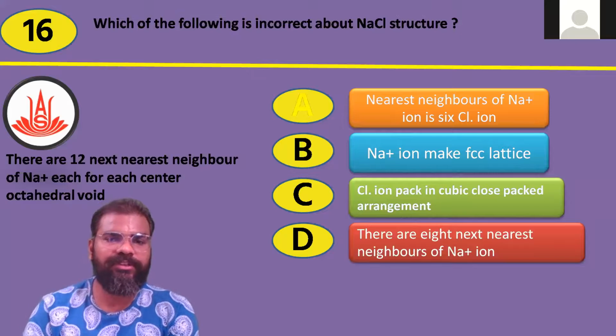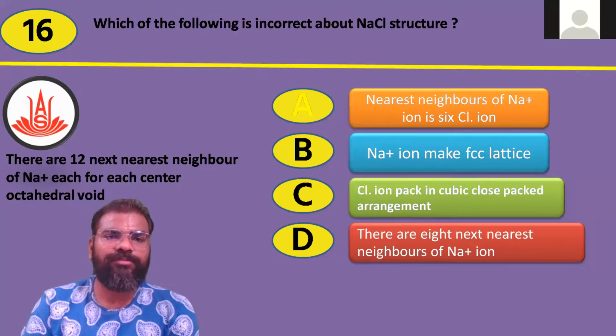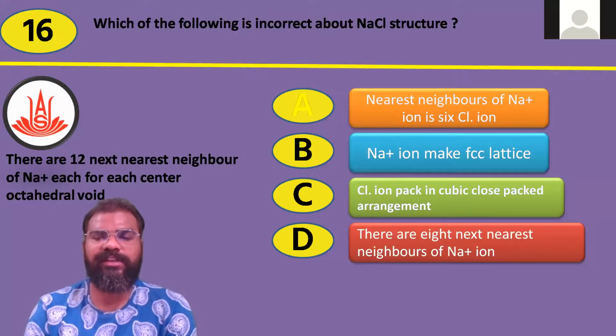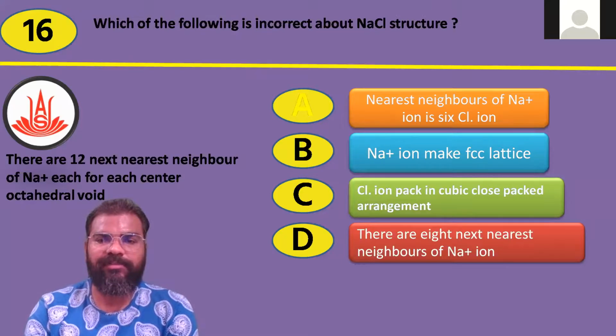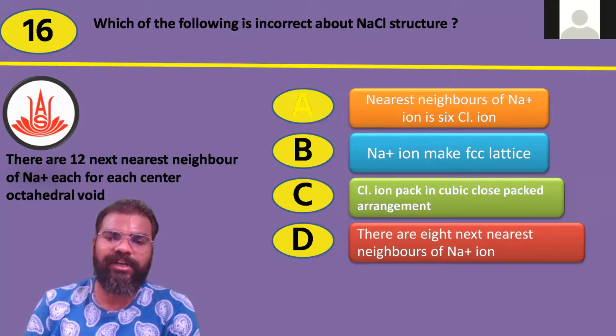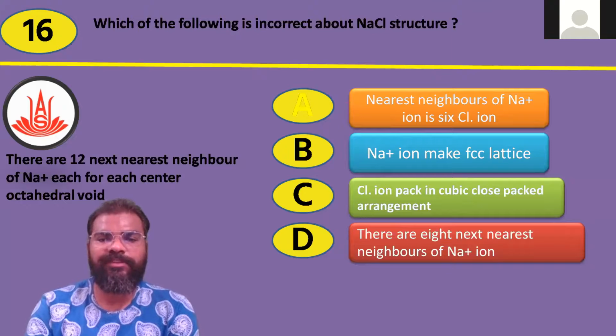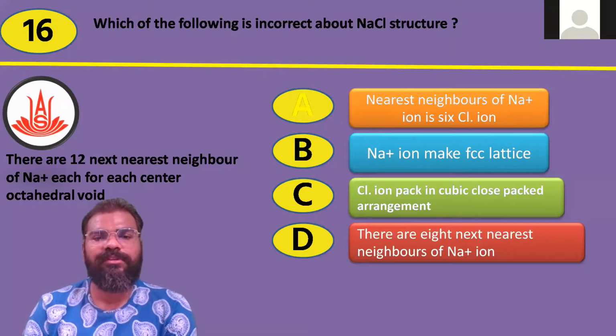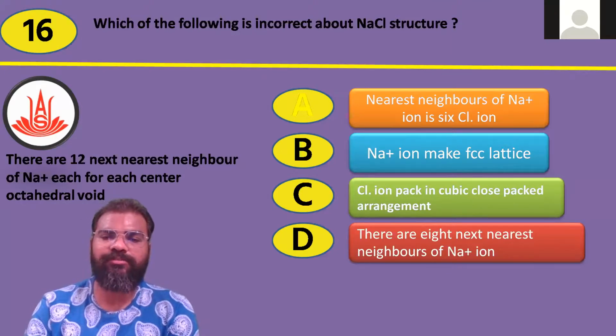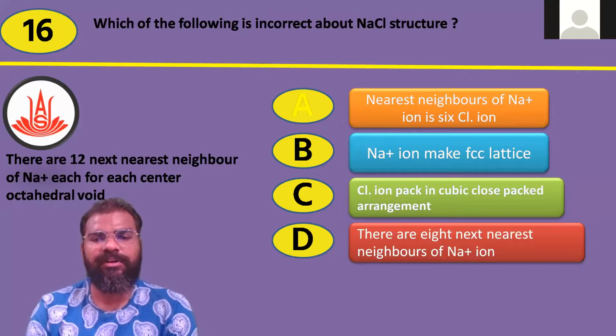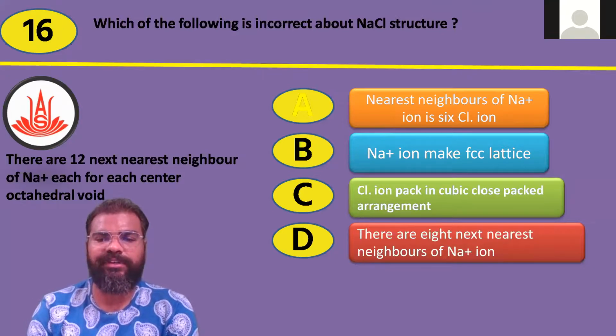After that, question number 16: which of the following is incorrect about NaCl structure? इनकरेक्ट वाला हमें ढूंढना है, करेक्ट नहीं. Nearest neighbor of Na plus ion is 6 chloride ions. Na plus ions make an FCC lattice. Chloride ions pack in a cubic close packed arrangement. Or there are 8 next nearest neighbors of Na plus.